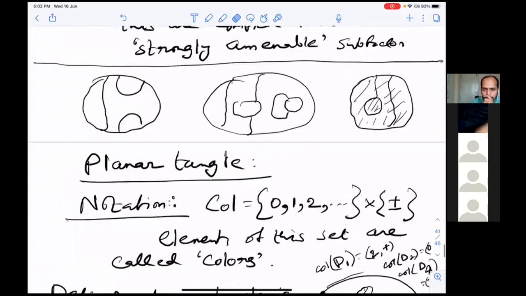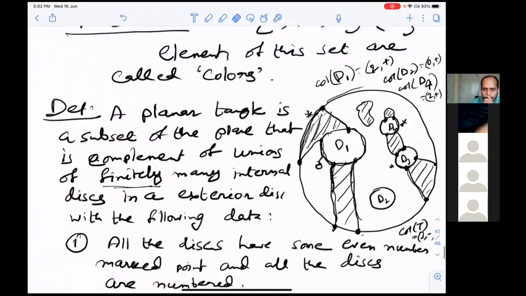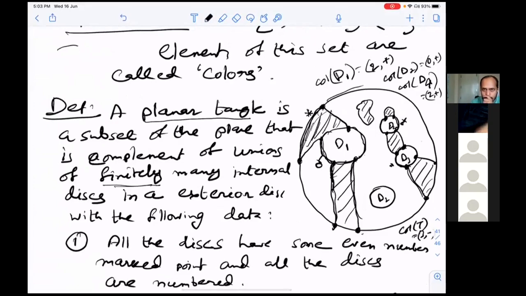Now to describe planar algebra, we need to define the planar tangle. What is a planar tangle? Like the diagram algebra was described inside a disk with non-intersecting strings, but in a planar tangle there will be some holes. By that I mean there is one external disk and finitely many internal disks.